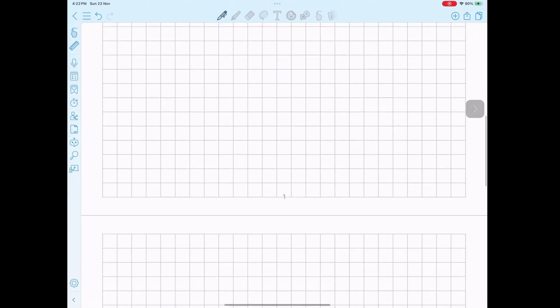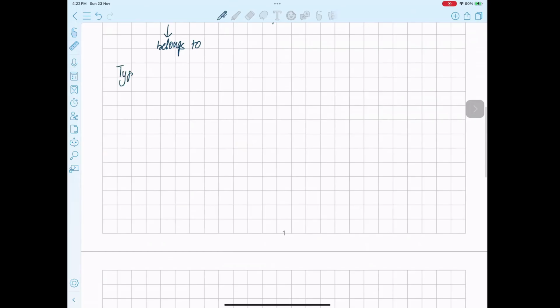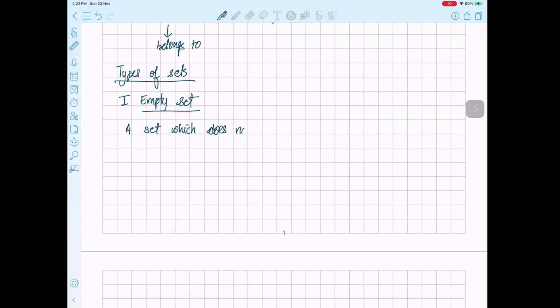Now, one of the next important things that you would probably need to know are the types of sets that exist. There's quite a few. The first one is an empty set. And like you would probably infer, an empty set is a set that has nothing in it, right? So a set which does not contain any element is called an empty set.